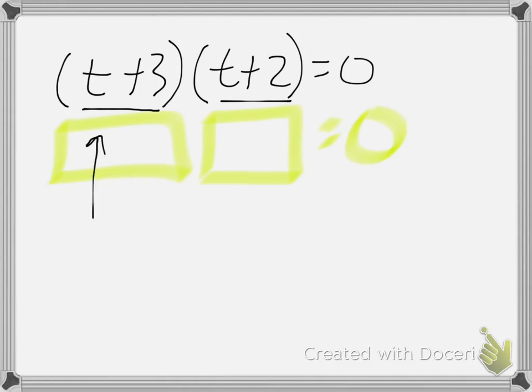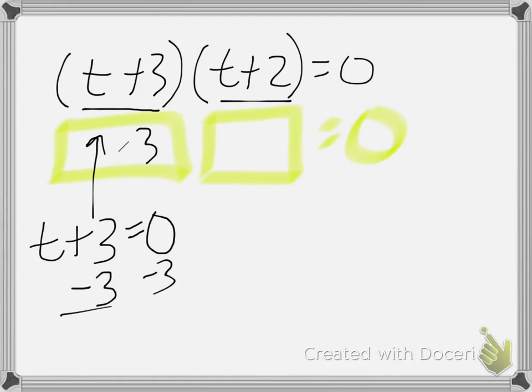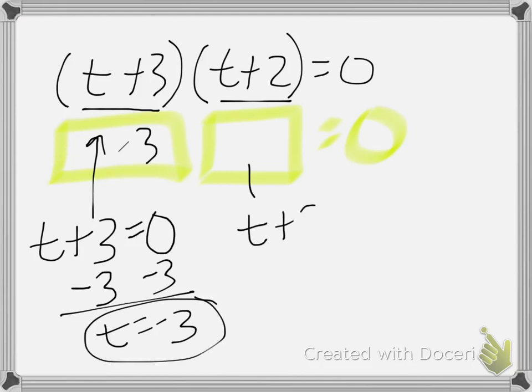Well, this one, t plus 3, let's just say I didn't know that negative 3 would make that 0. So I set it equal to 0 and I solve. So t equals negative 3. This one, I set it equal to 0 and I solve.